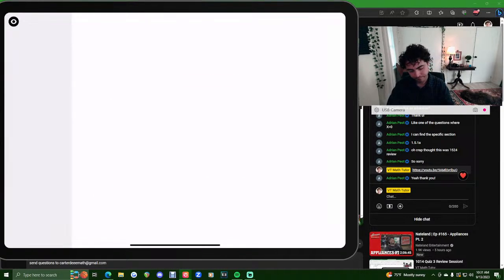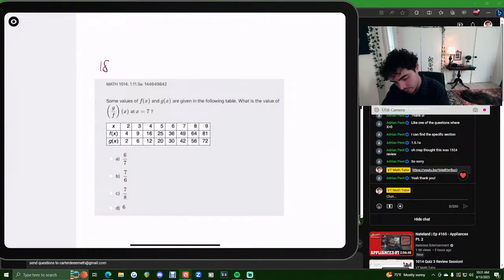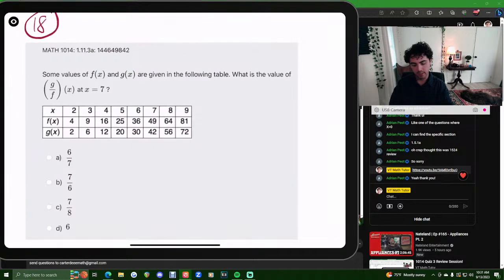Okay. That was number 17. We're going to wrap up with number 18 here. They say some values of f and g are given in the table. What is the value of g divided by f of x at 7? So just a notation thing here. Don't worry about this x.